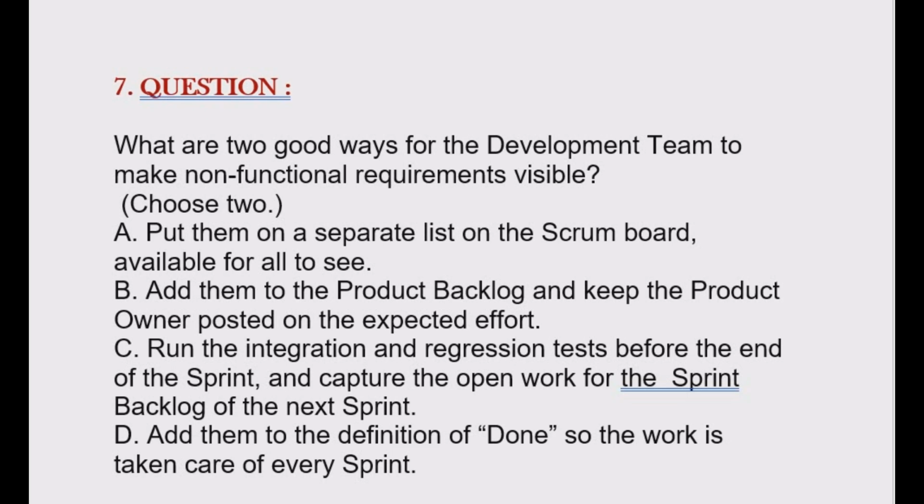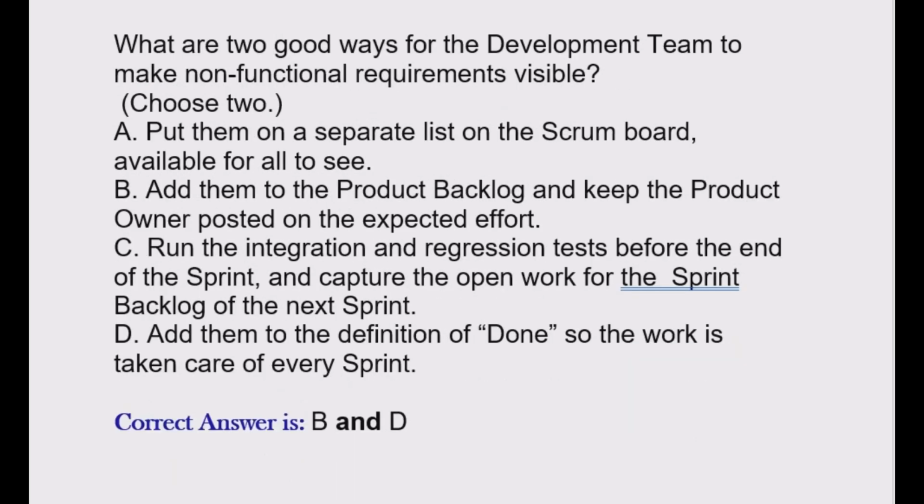Option C, run the integration and regression test before the end of the sprint and capture the open work for the sprint backlog of the next sprint. Option D, add them to the definition of done so the work is taken care of every sprint. Correct answer is option B and option D.